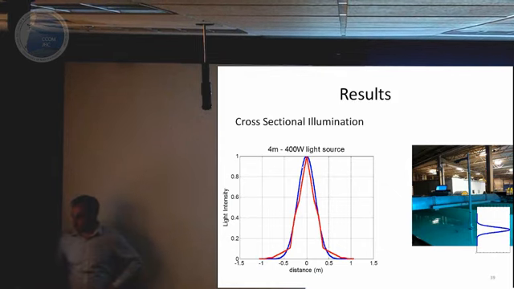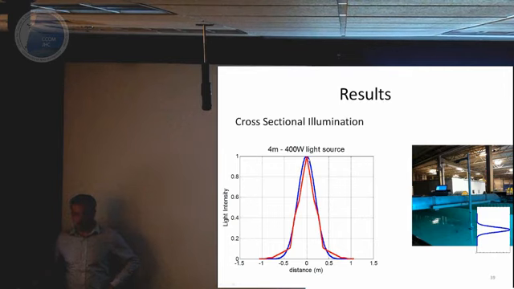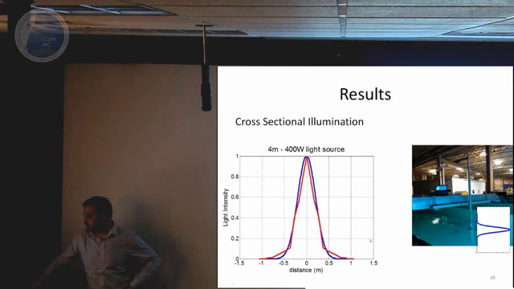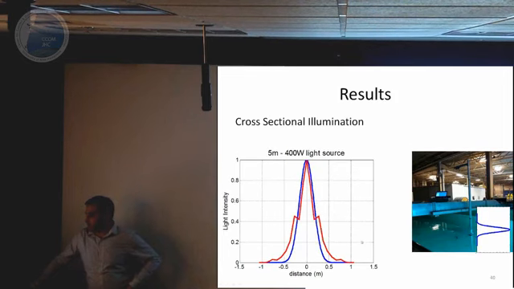Then we fitted a Gaussian model. We can see it's not a perfect fit, but the experimental results can be expressed as a Gaussian. Similarly for the 5 meters at 400 watt light source.